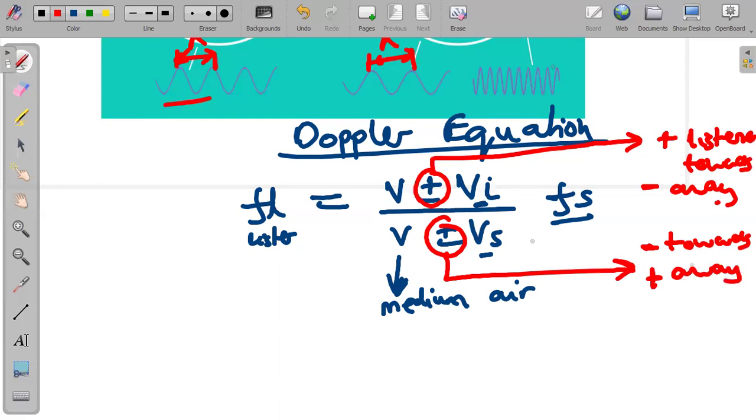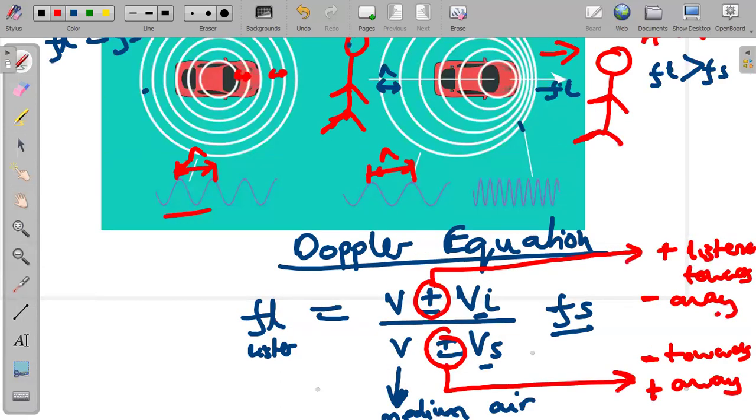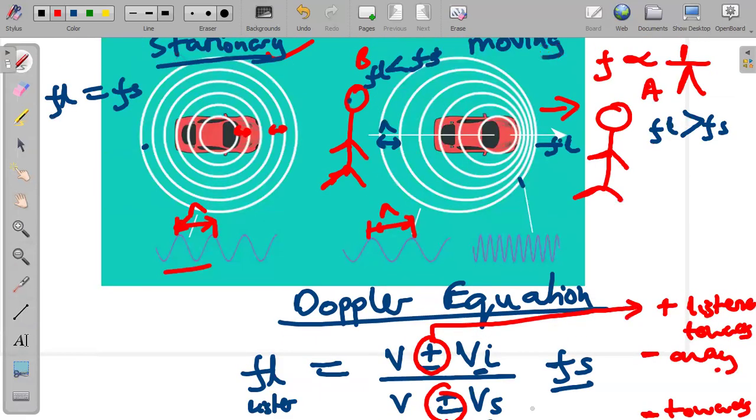Sometimes it's a little bit difficult to understand what exactly is happening. So this equation is generated from what we have been discussing, to say we need a greater frequency when the source is moving towards the listener. So the frequency of the listener shall be greater than the frequency of the source.